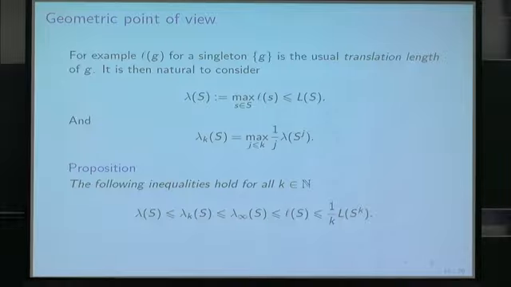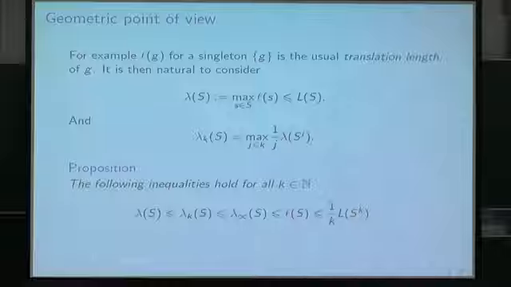On the eigenvalue side, you can define similarly a translation length. If you have a finite set S in G, you can define this quantity, which is the maximum of the individual translation lengths of your elements in S. For example, if you have elliptic elements, they have zero translation length, so lambda of S is equal to 0.